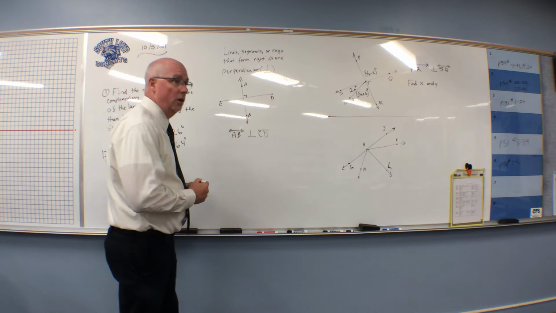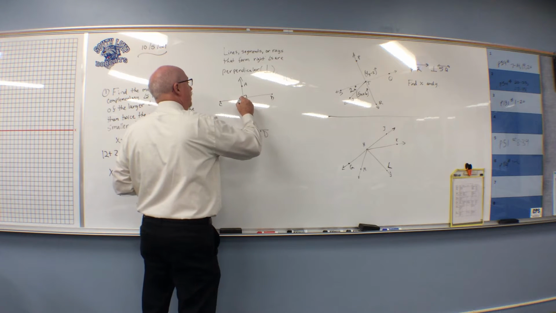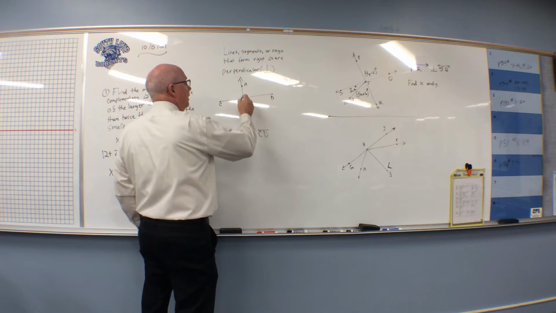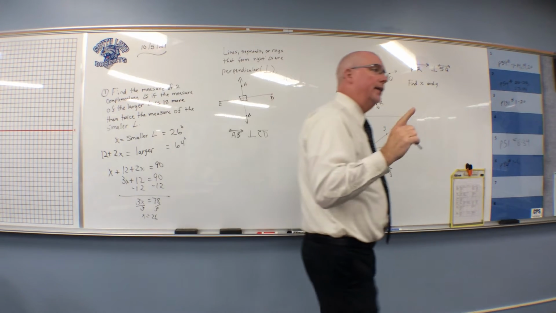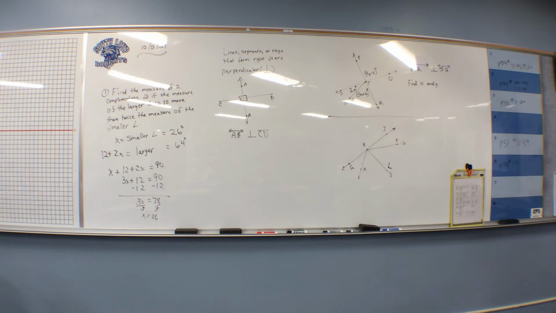It's 90 degrees also. So if this is 90 degrees and they form a straight line, how big is this angle? 90. And this one? So if you have one right angle in two intersecting lines, all four of them are right.